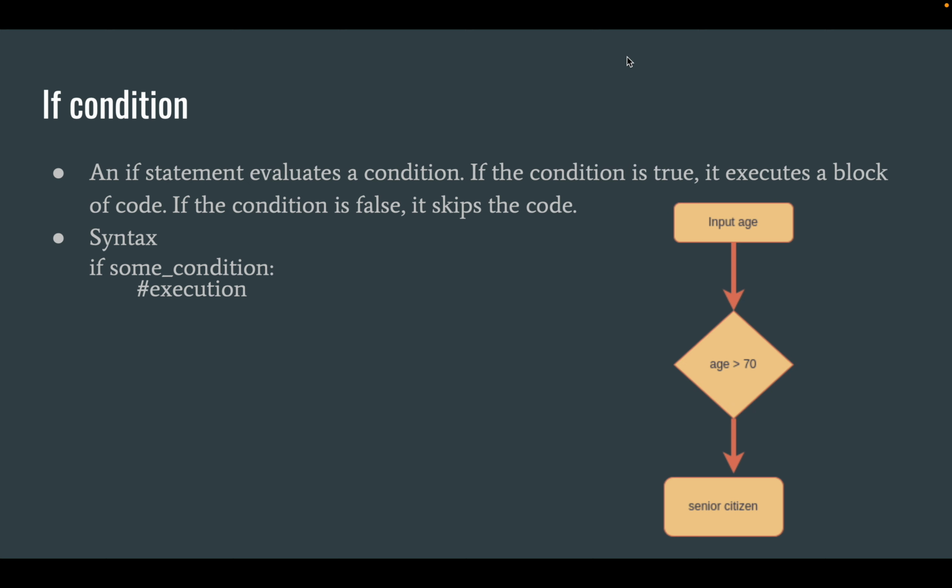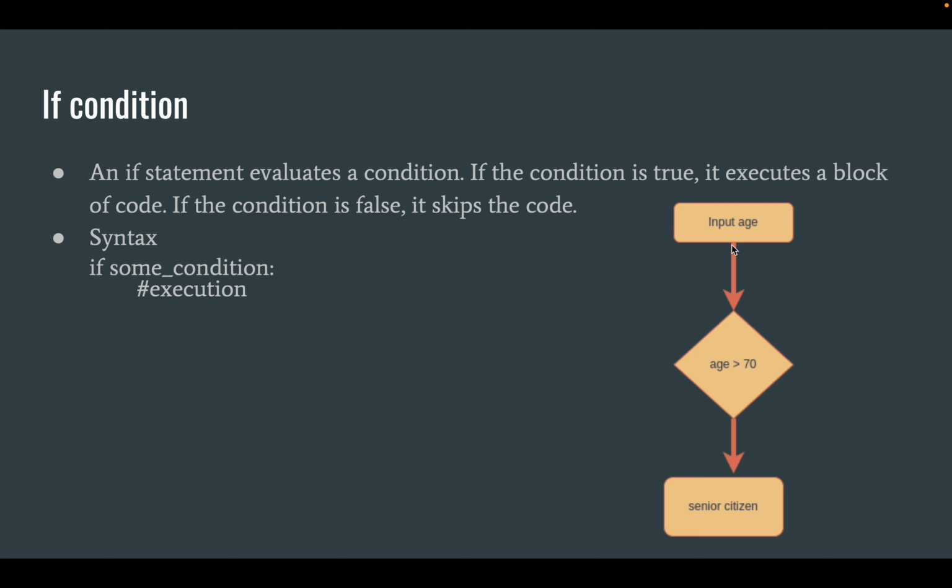So the if condition. An if statement evaluates a condition, and if the condition is true, it executes a block of code. If the condition is false, it skips the code. We can see this flow chart, and it says we are inputting some age.